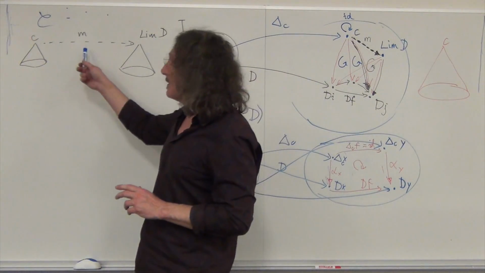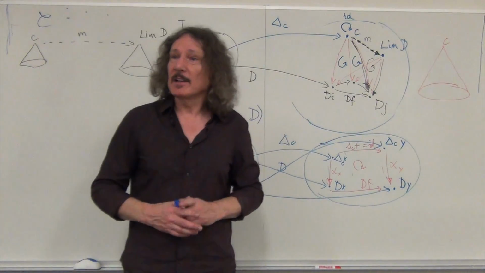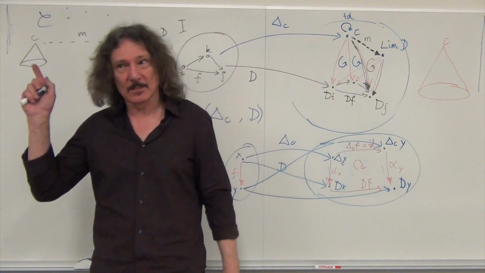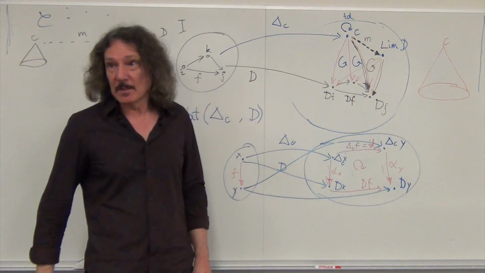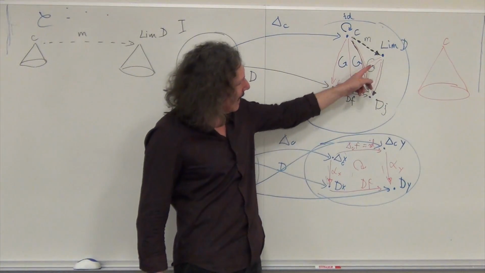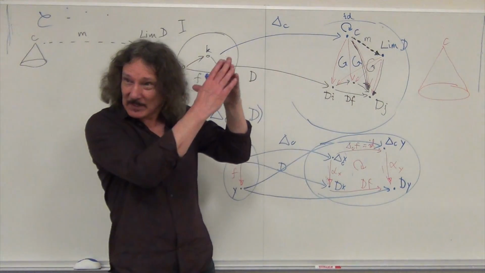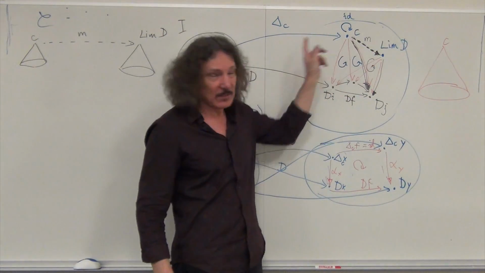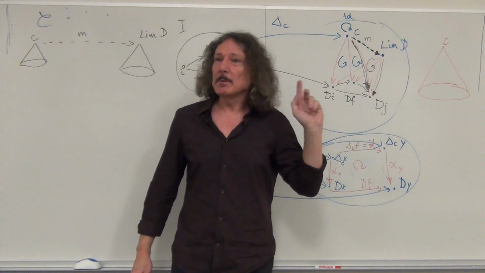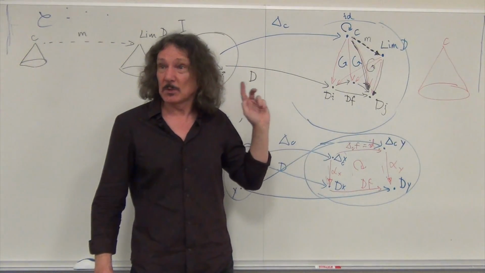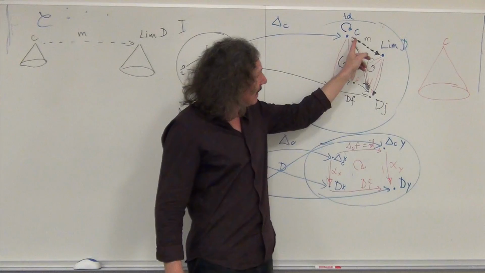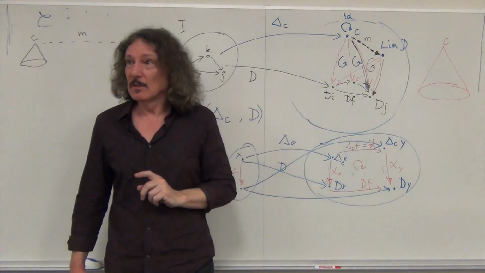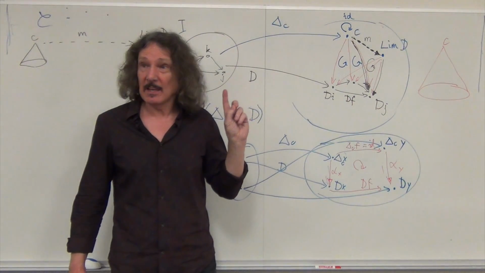But we want these morphisms between cones to actually be special morphisms. Not every morphism between these two apices is good. A good morphism between apices is the one that has these commuting walls. We will say that there is a morphism between two cones only if there is a morphism M that makes these triangles commute.